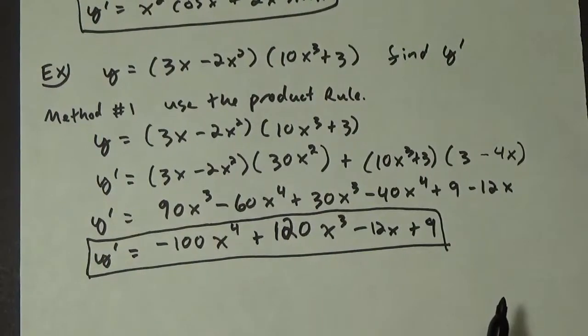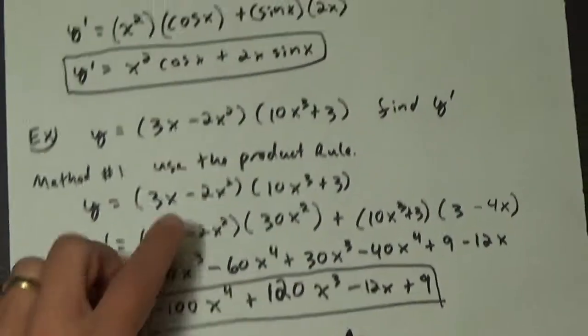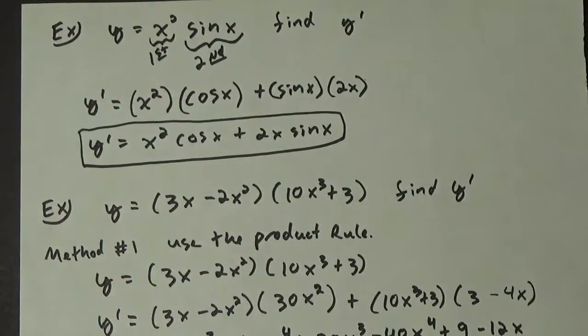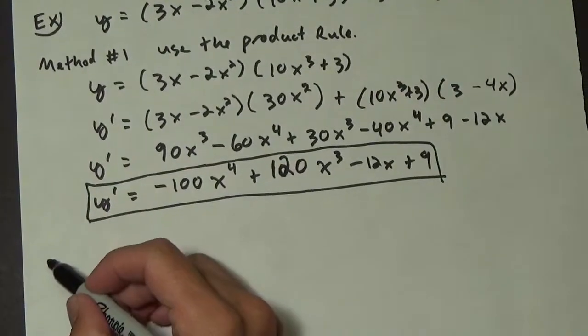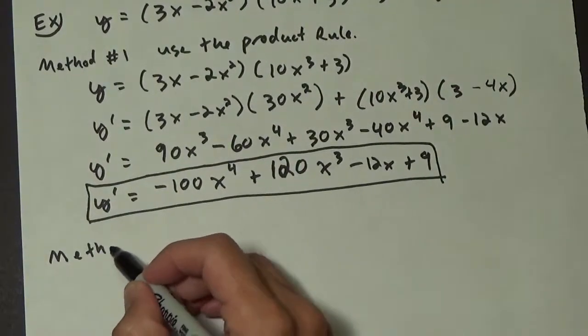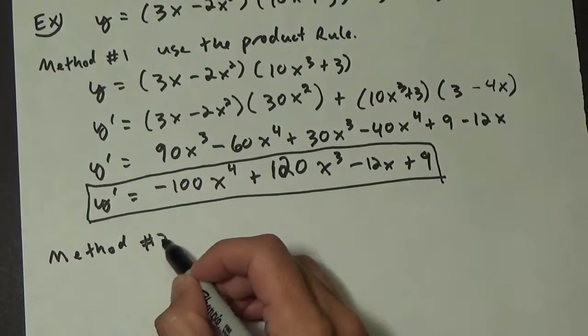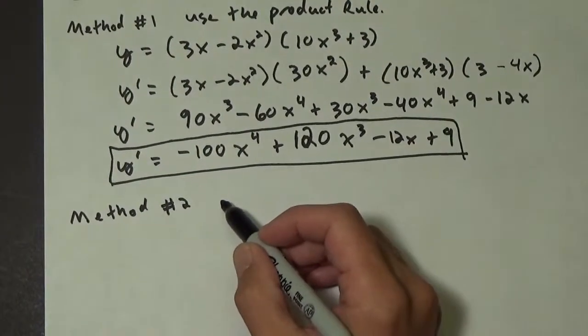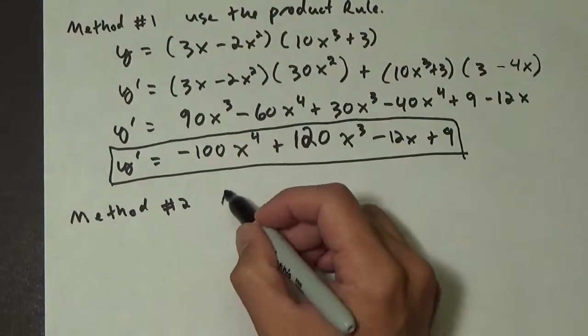Okay, so now let's look at another way to find this derivative in this particular case. And so method 2, we've talked about this a number of times, is to rewrite.